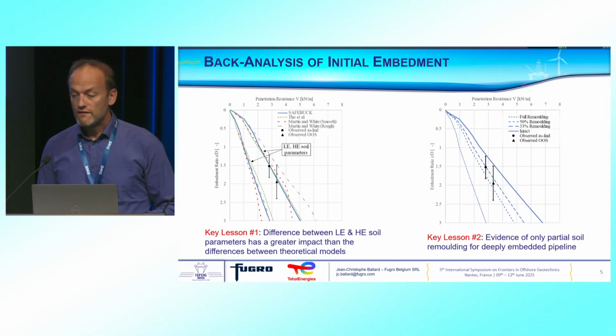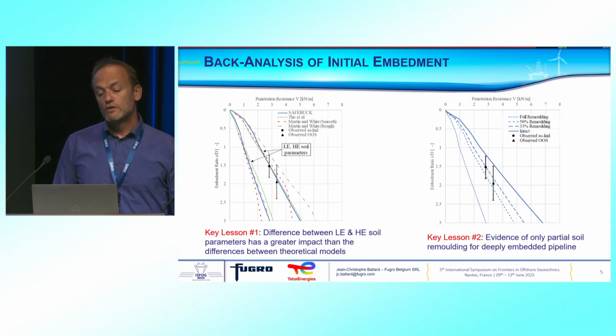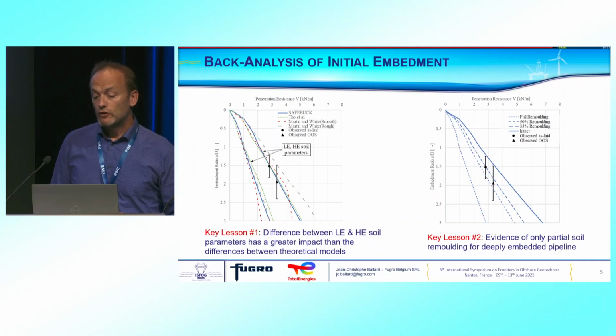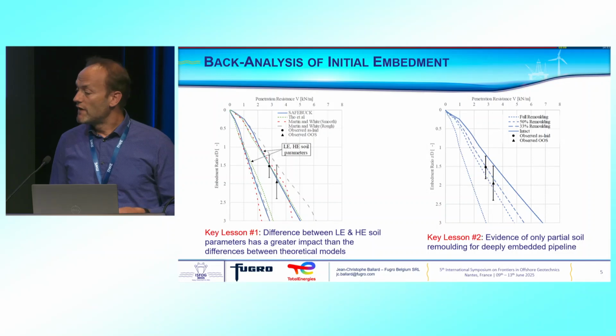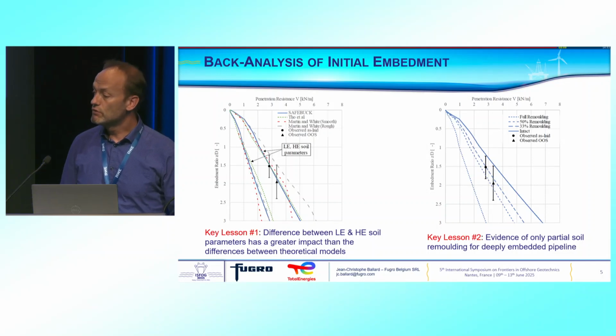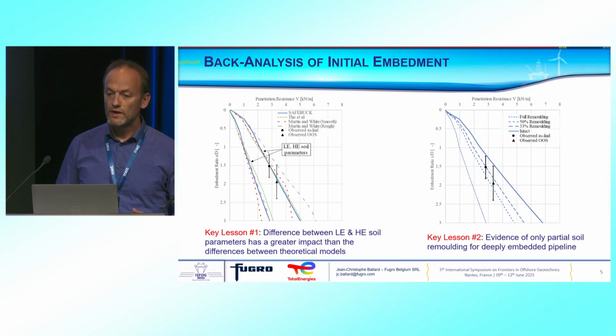Another feature of the SAFEBUCK method is that it assumes fully remolded strengths to account for the dynamic lay effects. The problem is that it's not necessarily a valid assumption for deeply embedded pipeline. So this is key lesson number two, because as the pipeline embeds, there's more soil restraint provided by the soil and therefore less remolding.